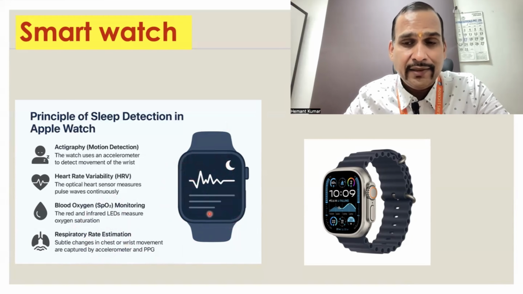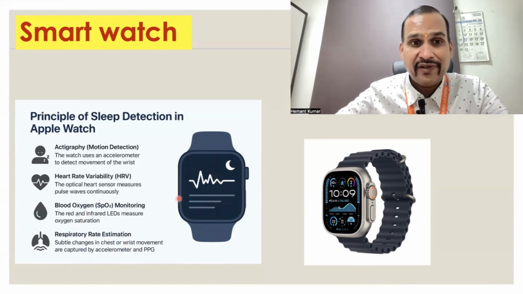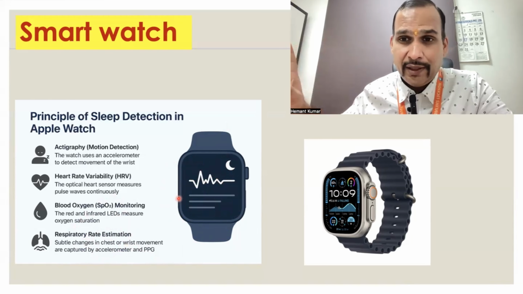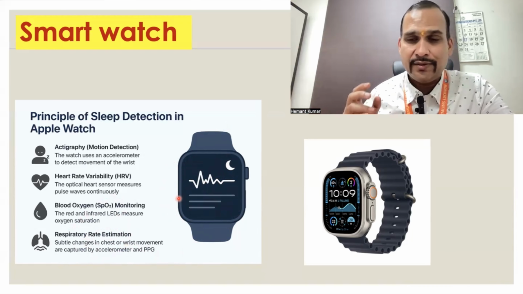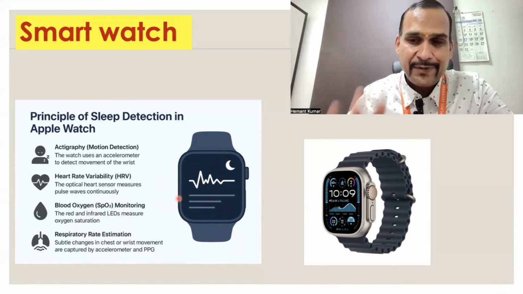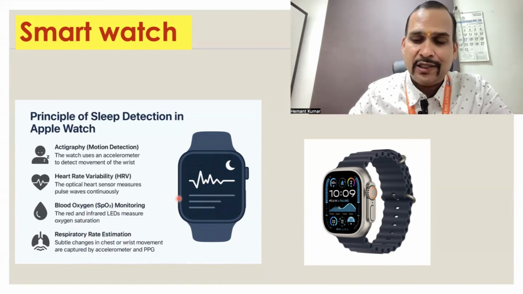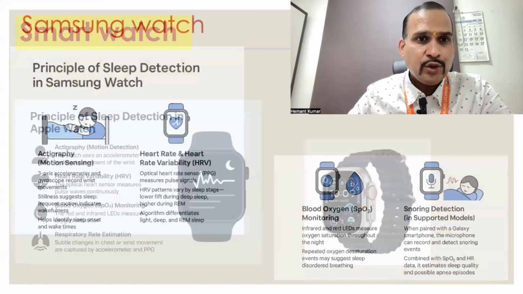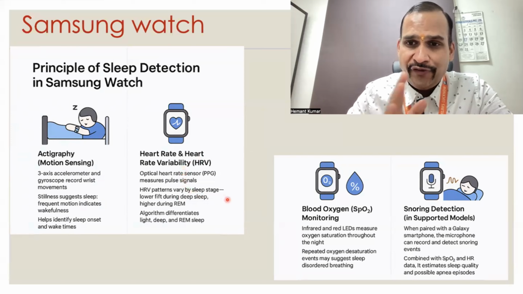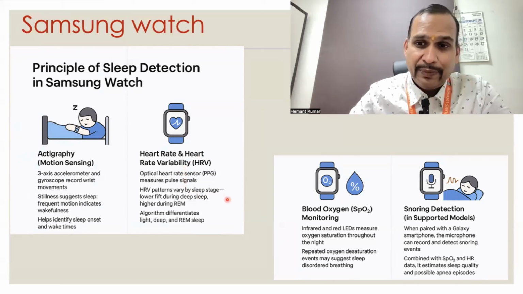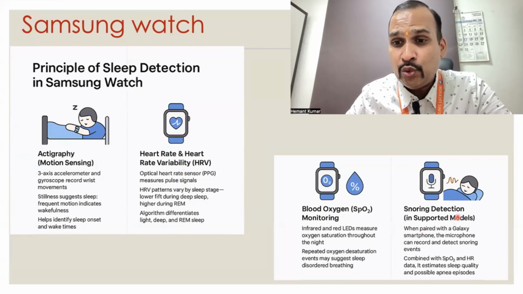This watch will tell that you have a problem: you have pulse rate variability, you are having more night awakenings, you have low saturation. So in such a type of patient, we should do a sleep study. So this is a very good screening tool. Like this is a Samsung watch. All features are the same as Apple Watch, but there are new devices, new Samsung watches.